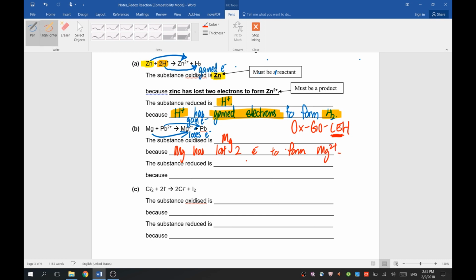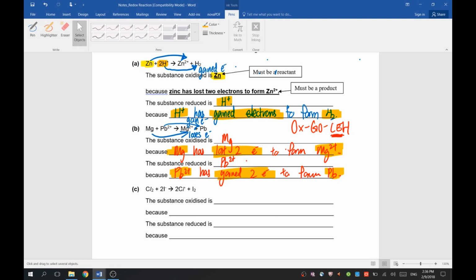Same thing, I will always have a before, after, and what happens in between. And in this case, the substance that's being reduced will be your Pb2+, because Pb2+ has gained 2 electrons to form Pb. So you see the format is always the same: what happens before, what happens after, and what happens in between.